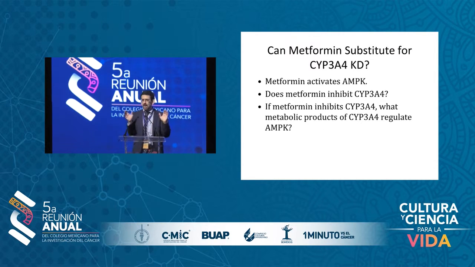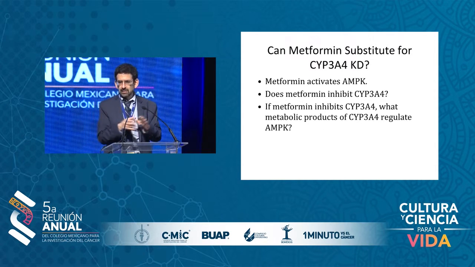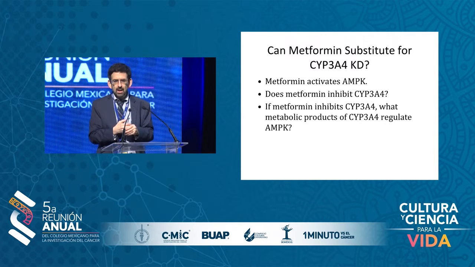So then from Anne Thor's group and from Michael Pollack's group work, we started thinking about whether metformin can substitute for the CYP3A4 knockdown. So we know that metformin activates AMPK, and we know that it inhibits the growth of breast cancer cells. But as Michael Pollack was quick to point out, this was at 5 millimolar concentration.